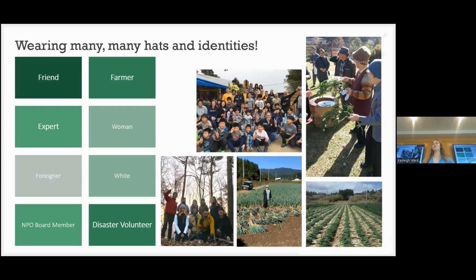But I was also a disaster volunteer starting in about 2014, so I've been in this community for a while. And I was also on local nonprofit boards. There's other identities that really helped me do the work I did, which was that I was a woman, particularly as a white woman, I was viewed as educated. And there's also some nationality benefits of being an American, even though I was a foreigner. So you'll hear me talk about this in the presentation.